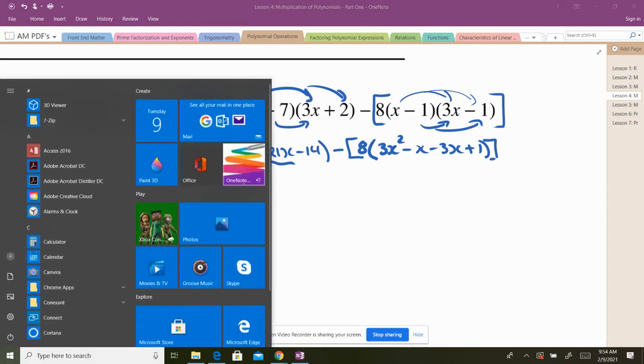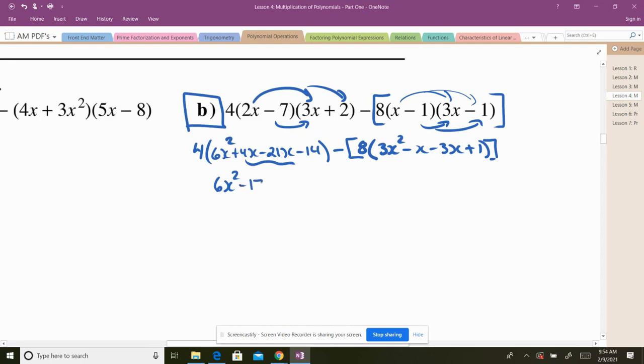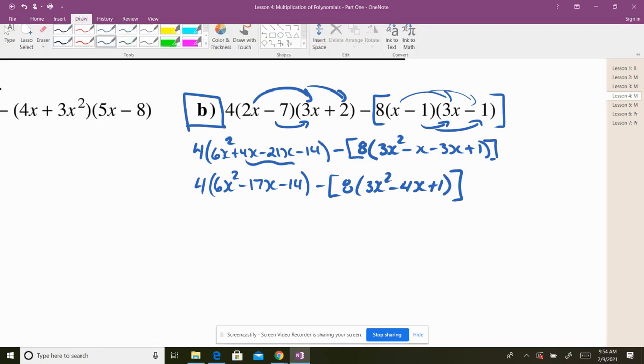So it's 6x squared minus 17x minus 14. Oh, wait. Second one, negative x, negative 3x is negative 4x. So I have that. Is that better? Make you happy? Or as happy as you can be in math class?